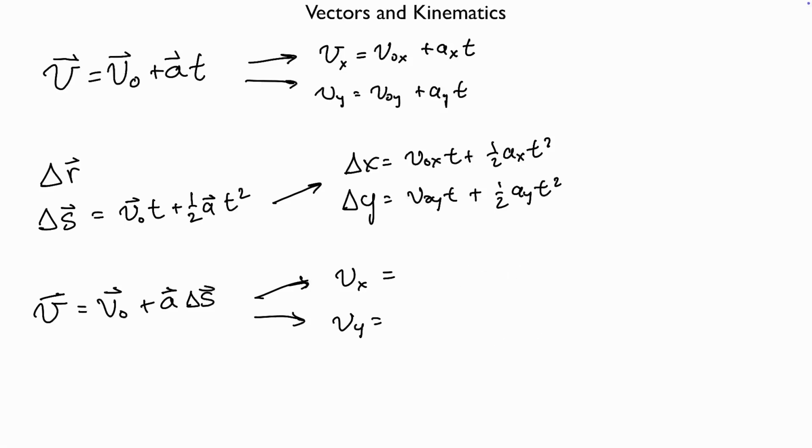Still, it's a Tuesday morning at 8 o'clock. Squared, squared, squared, squared, thank you. v naught x squared plus 2, boy, I really messed that up, didn't I? a x delta x. And then this would be v naught y squared plus 2 a y delta y. There we go. Thank you.